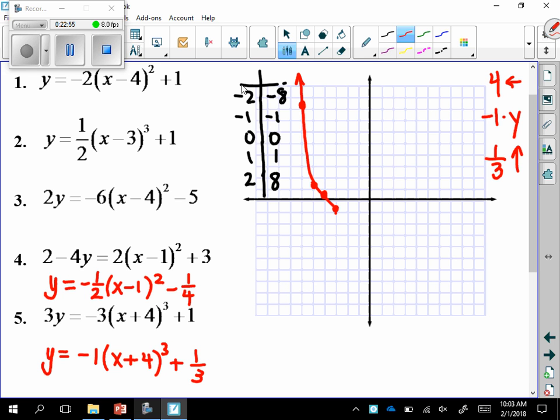And then finally 8. 4 to the left. Multiply the y coordinate by -1, and then up a third.